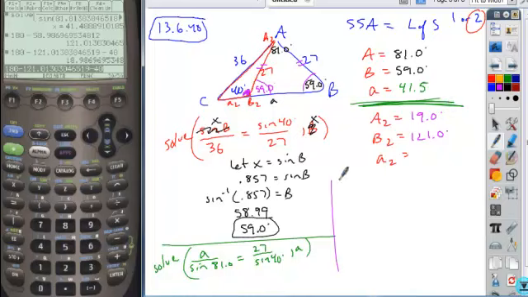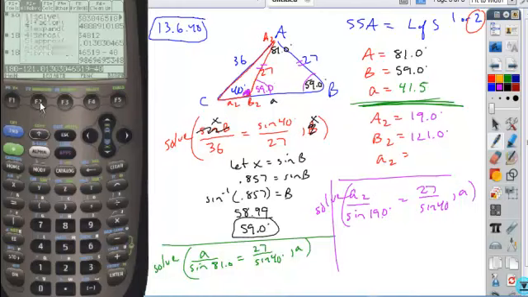And so my final step to find A2 is to use the same proportion I used down here. A2 over the sine of the angle opposite it, which is now 19.0 degrees. Set that equal to my known ratio, 27 over the sine of 40. And I'm going to solve this for A2. So as I enter that on the calculator, I'll just use an x.